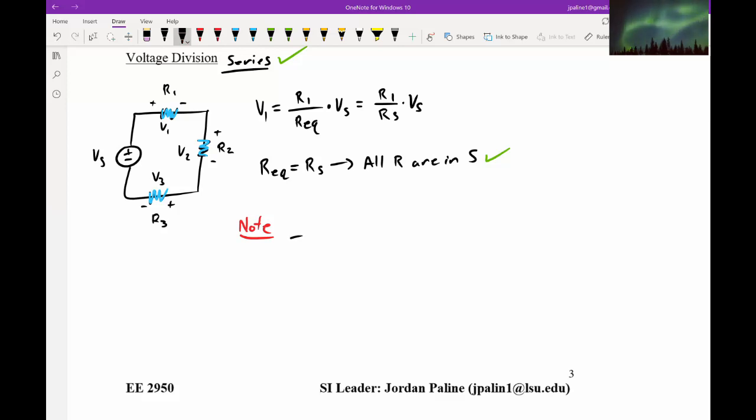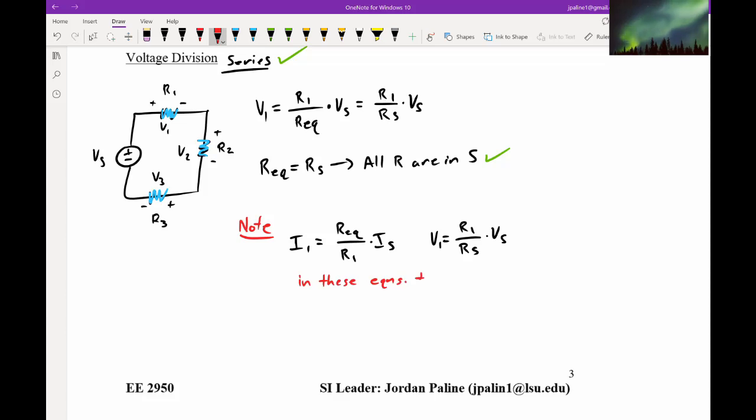So if I was to write these two equations, in these equations, the smaller number goes on top.